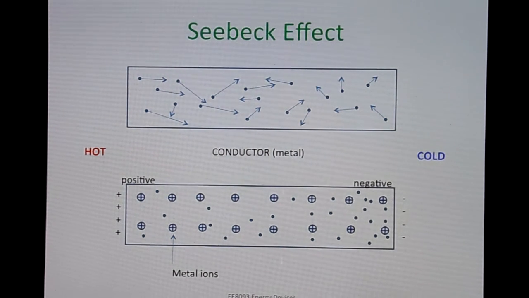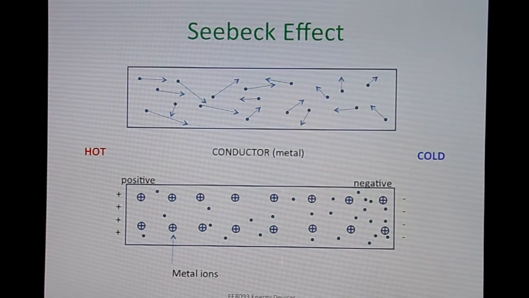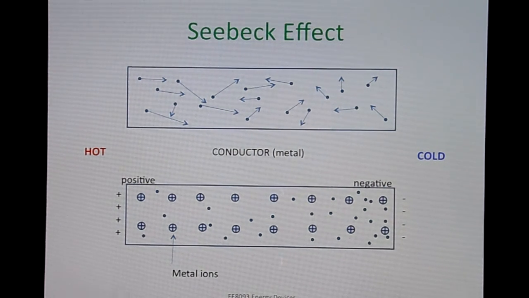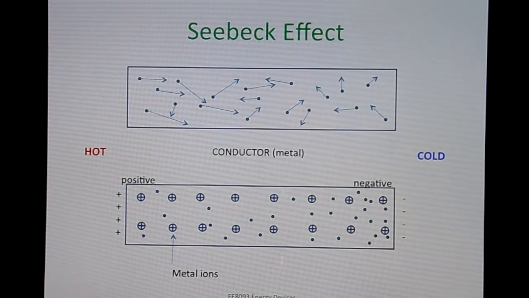And that is because, on average, the electrons at the hot end of the metal have more kinetic energy, or in other words, they are moving faster than the electrons on the cold end. So it should be quite easy to see that at the end there will be a net movement of electrons from the hot end to the cold end.